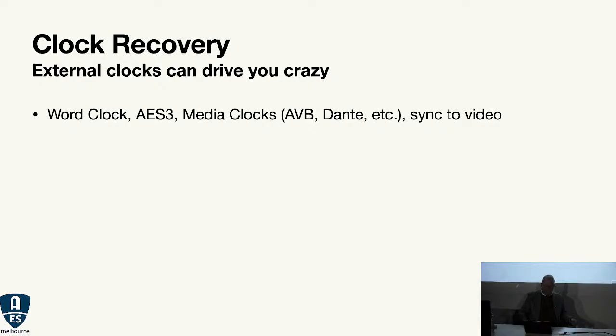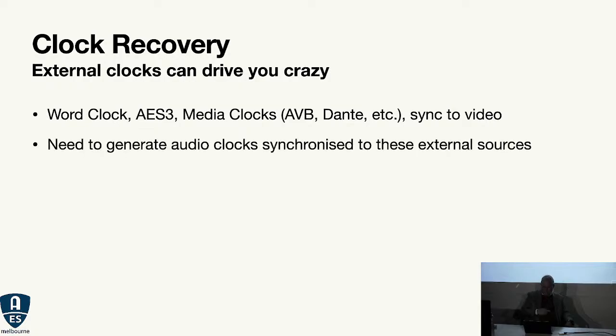So examples: word clock, AES inputs, media clocks from various sorts of networked and other sources, syncing to video and so on. These are all sources of what would very commonly be jittery clocks. Some of them are extremely jittery. Back in the day, you might actually try to sync to film from the sprockets. And you can imagine how bad that is, but you can clean it up.